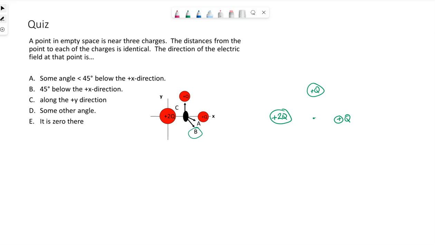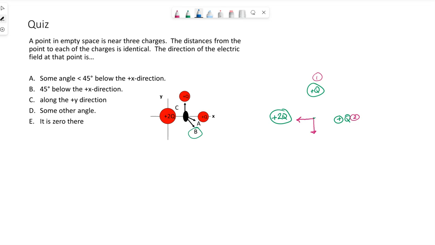So our point right here, this top Q is going to create an electric field that points straight down, because that is the direction that points away from it. This second Q is going to create an electric field that points directly to the left, because that's away from it.